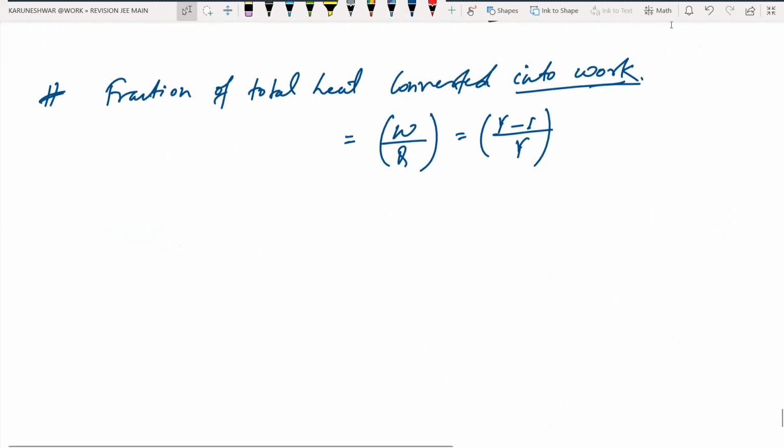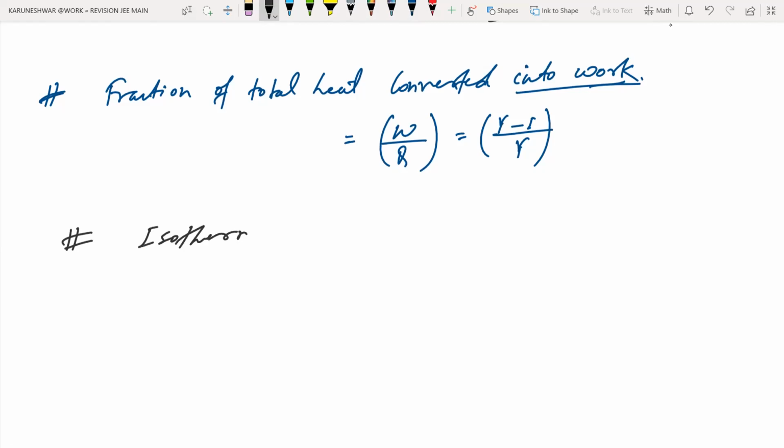Then the next concept we have is the isothermal process. An isothermal process means the temperature is constant, temperature is not getting changed.